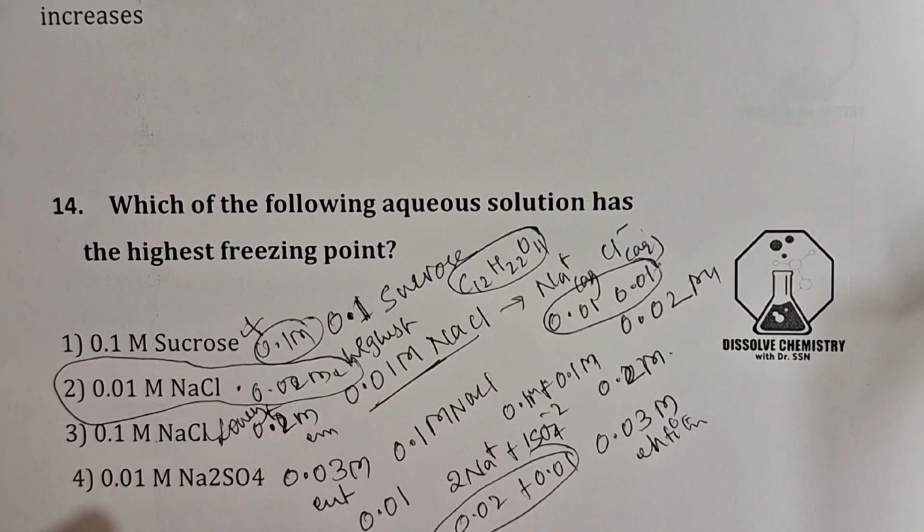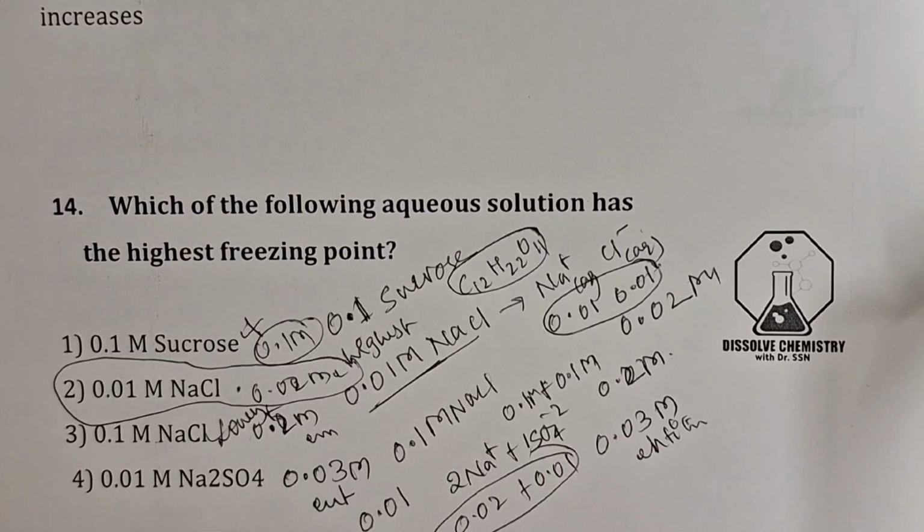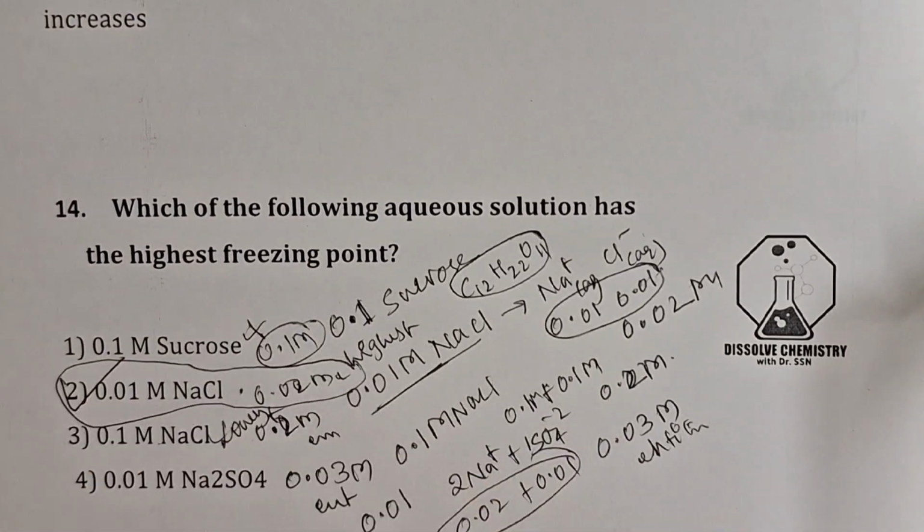You should take that into account, and after calculating that, check the number of moles of entities. The one having the highest will show the lowest freezing point, and the one having the lowest will show the highest freezing point, right? So therefore your option is 2. You should remember this. Next, let us move on to the 15th question.